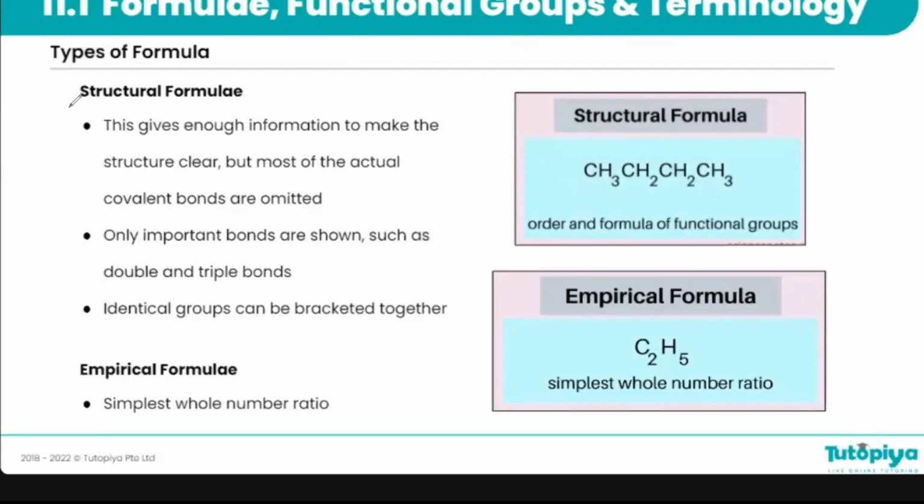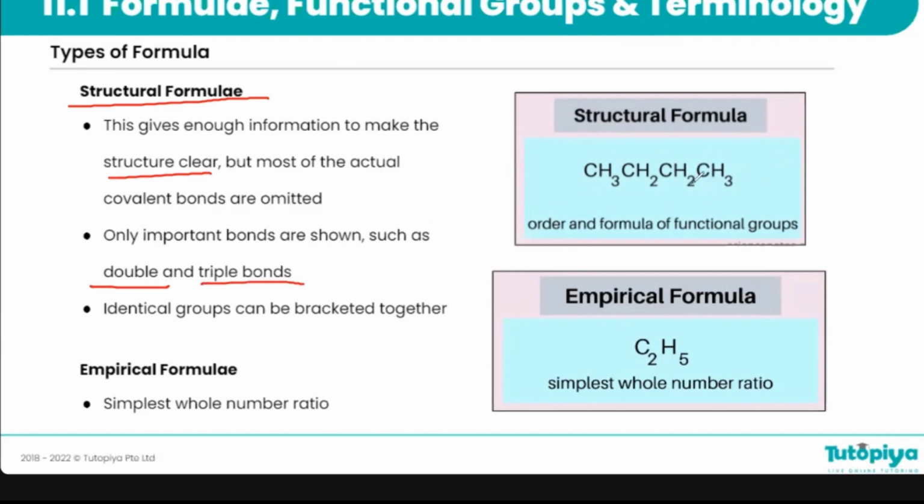Then there is the structural formula. The structural formula gives enough information to make the structure clear, but not all the bonds are shown. In the structural formula, we don't really draw and show single bonds. But very important bonds like double and triple bonds are shown.